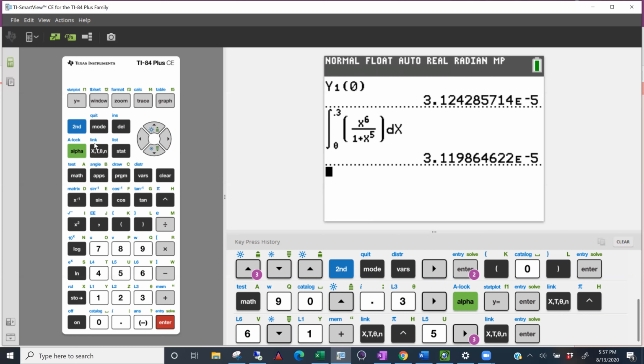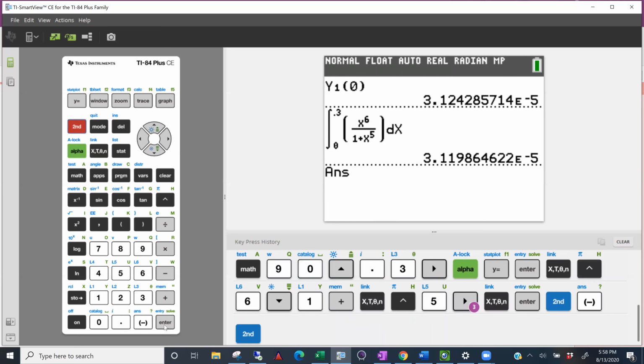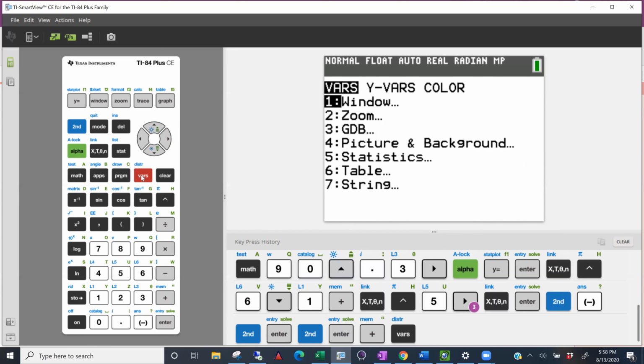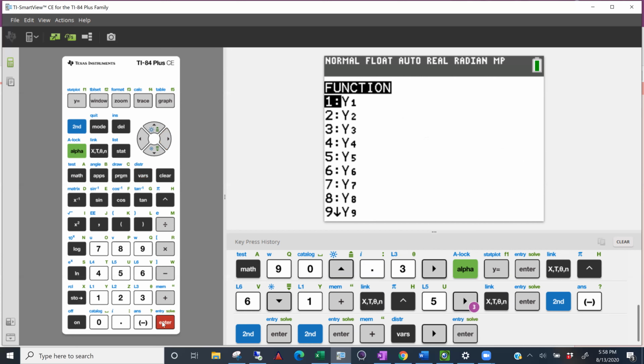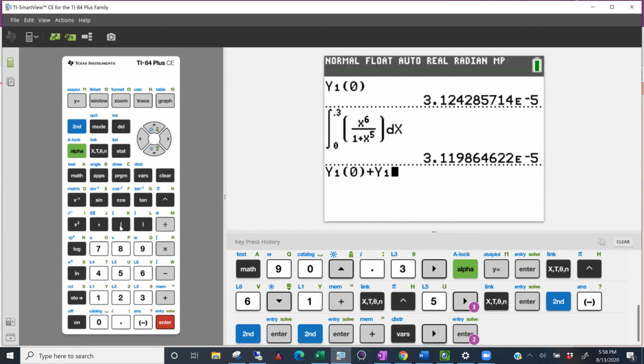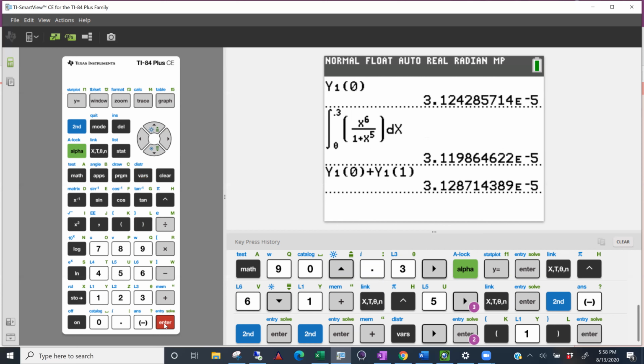If you wanted to use just 2 terms, let's go back here a couple times. There we go. And add in the second term. So if you want to see the trick again, you hit the vars key, right to yvars, press enter again. This time we want this evaluated at 1. So if we add up the first 2 terms, wow, we're getting a nice answer there. Pretty close.